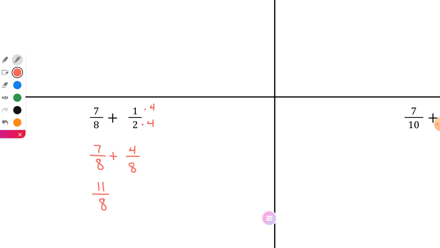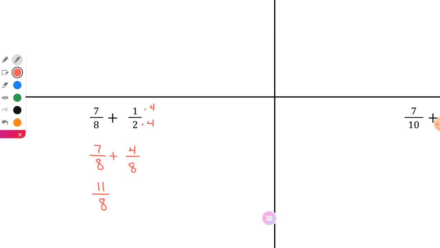But if you can't think of a common denominator, what will always work? If you can't think of anything else, what could you always do? Aiden? Not 10. 8 doesn't go into 10. Elise? Not 1. Ava? Not 2. It's not a single number every time. You can always multiply them together.